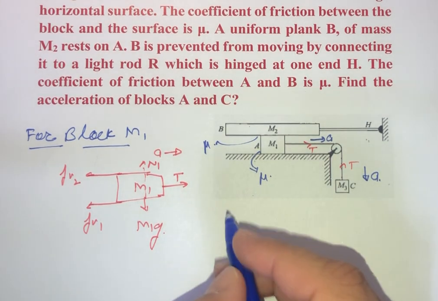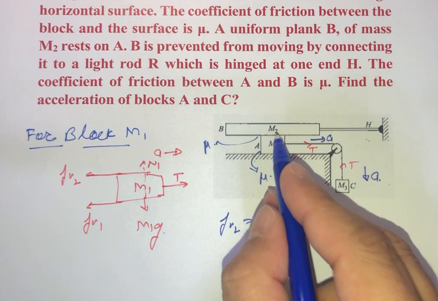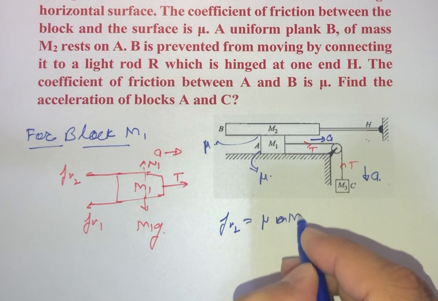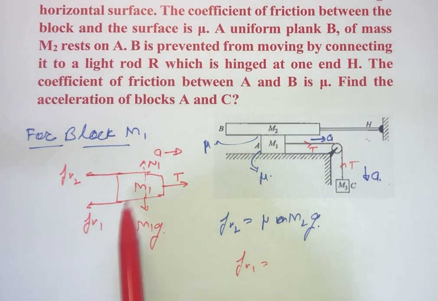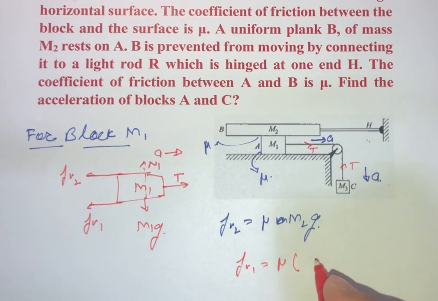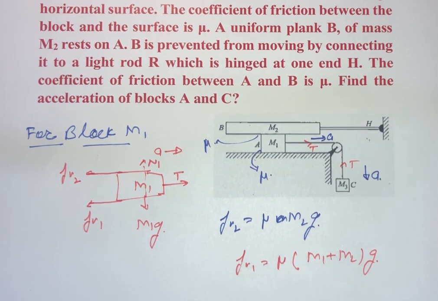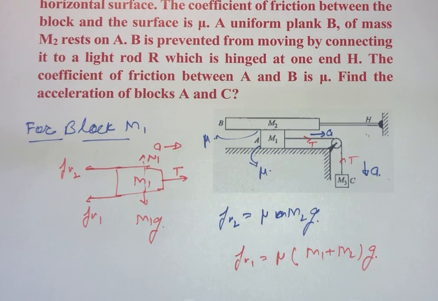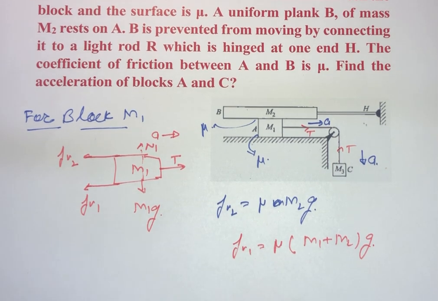So let's define our FR2. FR2 will be because of this M2. This will be mu M2G, and our FR1 will be a total weight, M1 plus M2, multiplied by G. So these are our frictional forces which will be acting on M1.